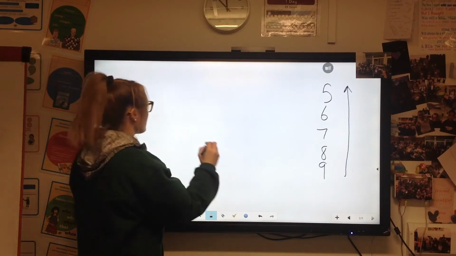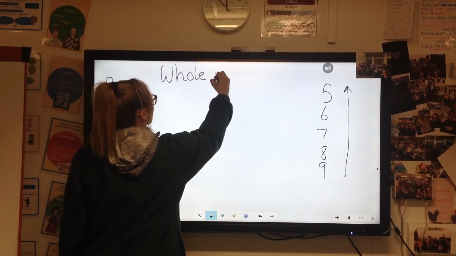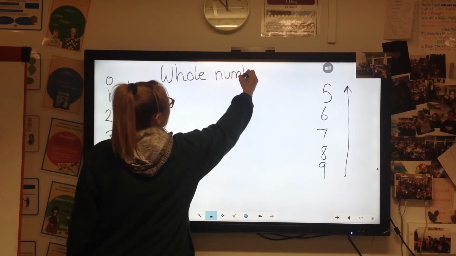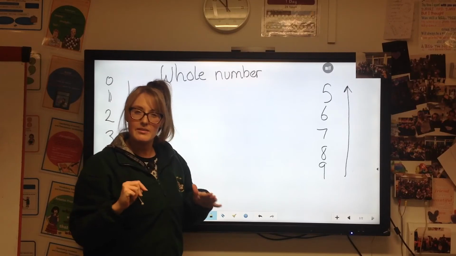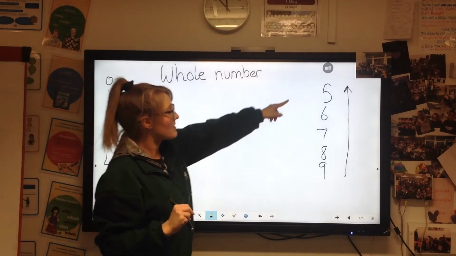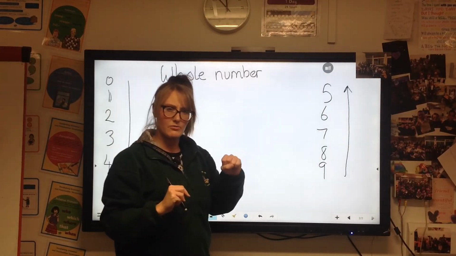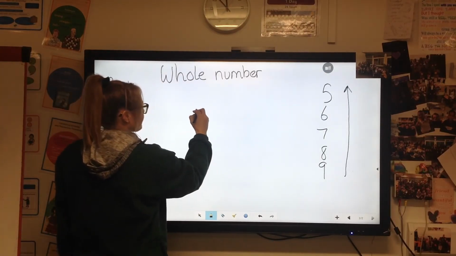Okay? So we're thinking about rounding to the nearest whole number. So that means our answer won't have any decimal points in, it won't have any tenths in, it won't have any hundredths. It will be a whole number like these ones, so there won't be any extras on there. Okay? So we'll start with a really simple one.